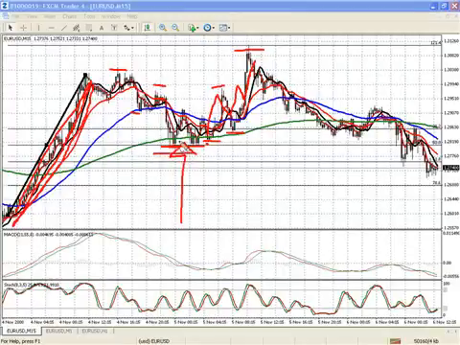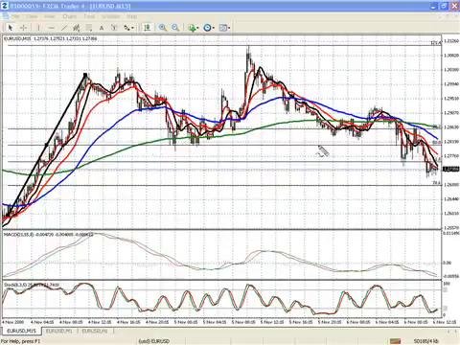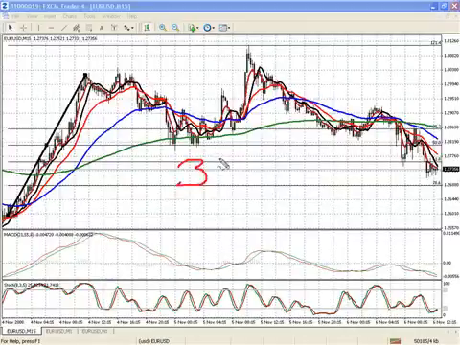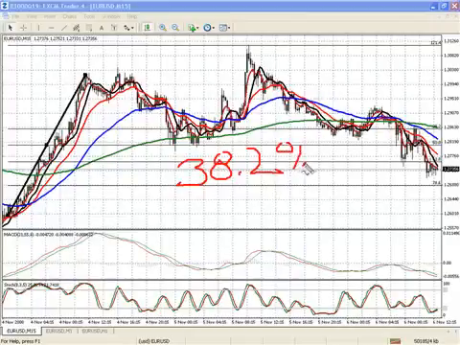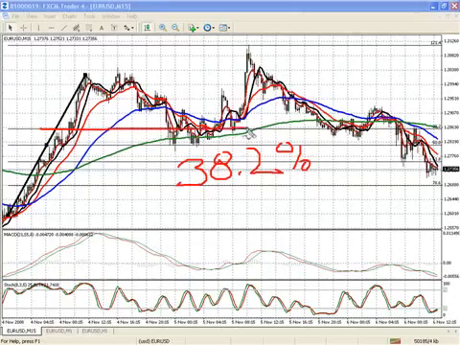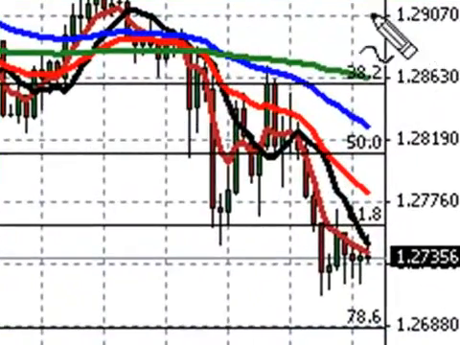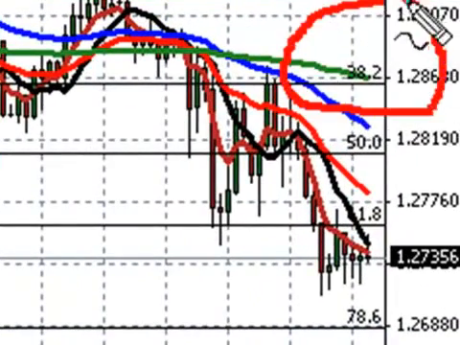So let's talk about what fib levels are important to me. Okay, the first one is 38.2%. Okay, and that's measured by this first line right here, a 382. And what's nice about the MT4 platform is that it actually labels it. So you can see it here, 38.2 is that first line. Okay, that's important.